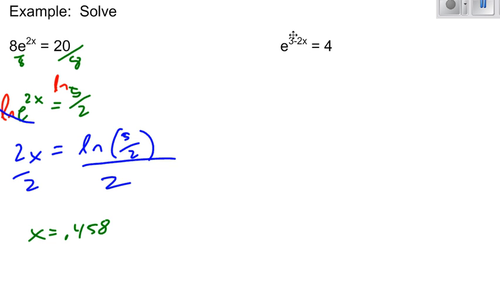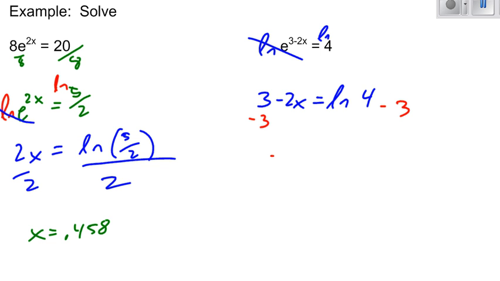Over on this example, it's already isolated as just an e, so we need natural log both sides. Natural log cancels e. 3 minus 2x equals natural log of 4. So then we'll subtract 3. And then divide everything by a negative 2.